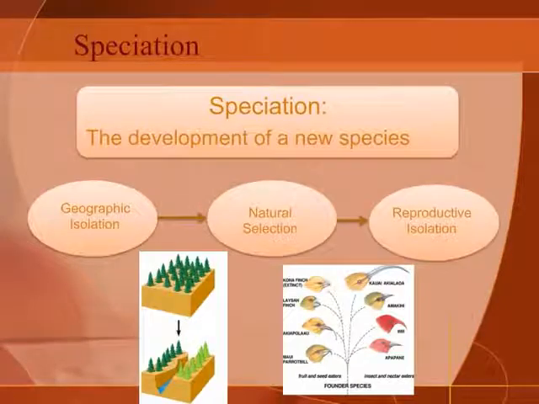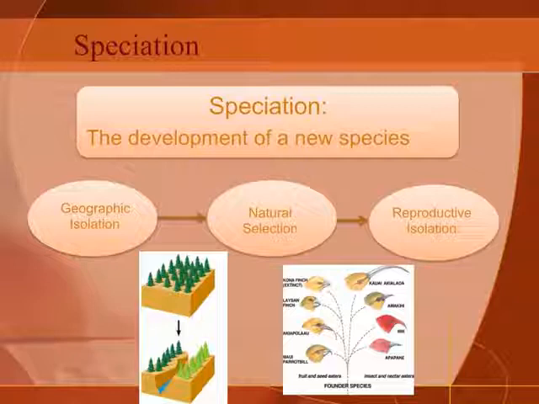As a result of natural selection, sometimes individuals in a population become so different that they actually form a new species. You have a spot on your graphic organizer to record the definition for speciation, the development of a new species. So let's go ahead and write down the sequence of events that occurs.